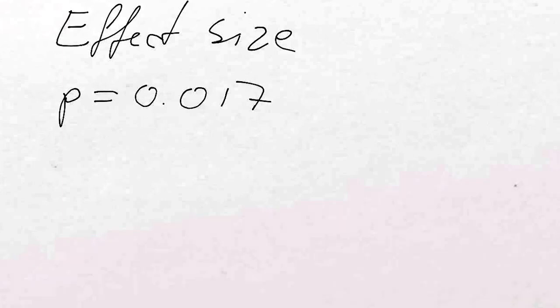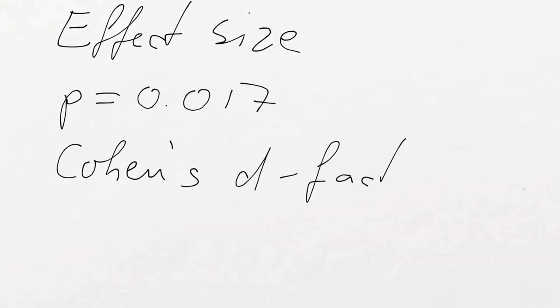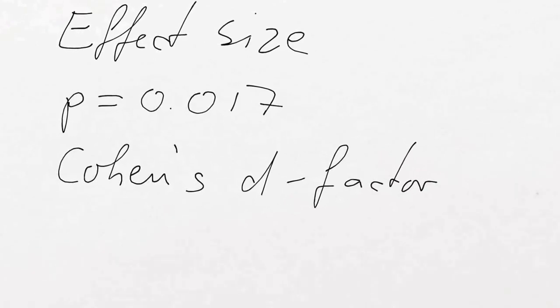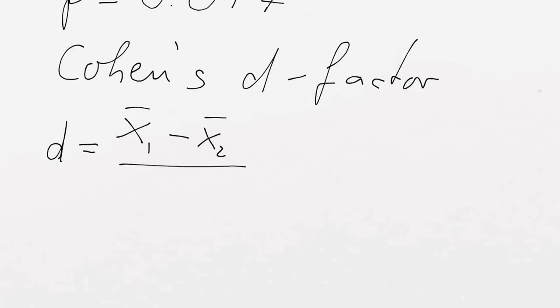I just want to briefly mention what is called the Cohen's D factor, which is more or less calculated as D equals the difference between the means divided by the standard deviation.